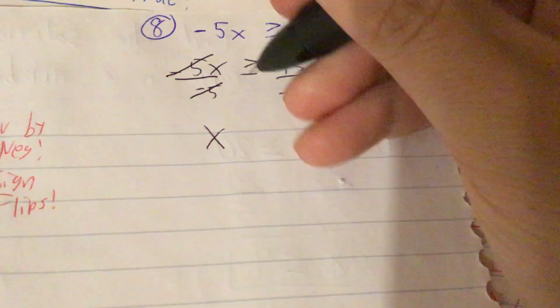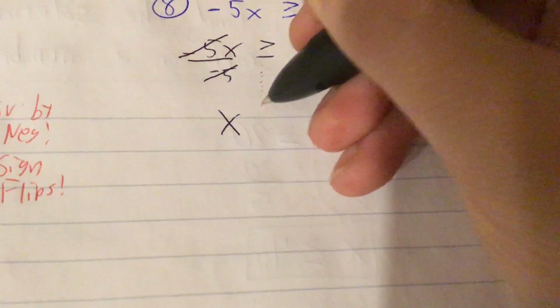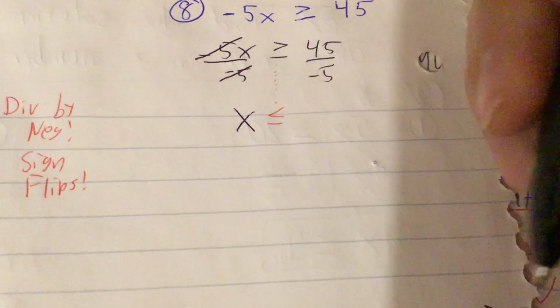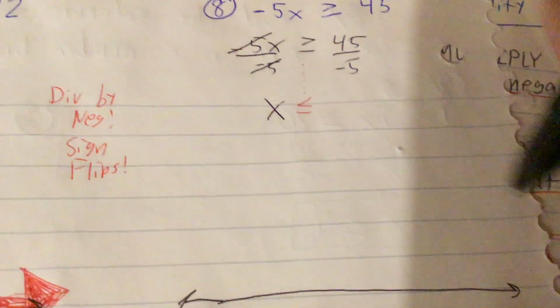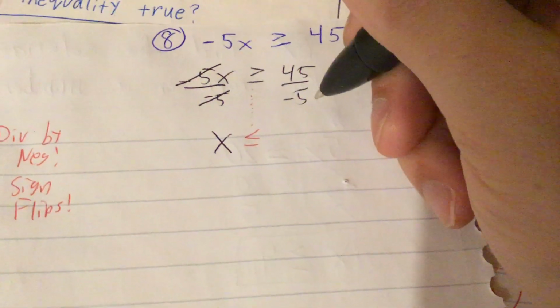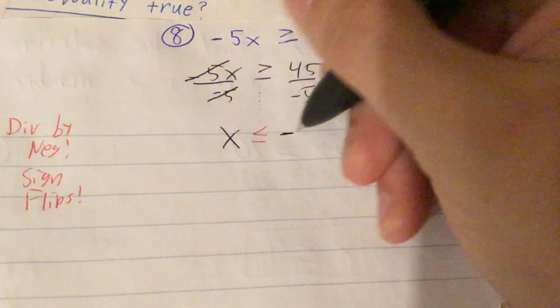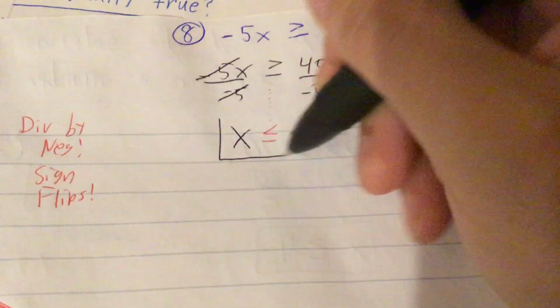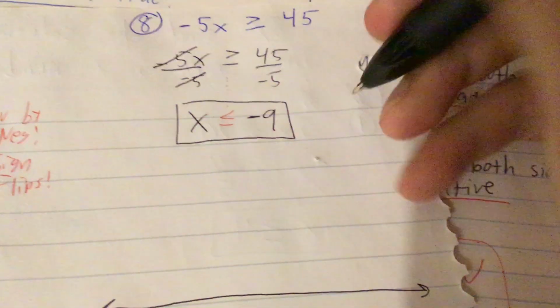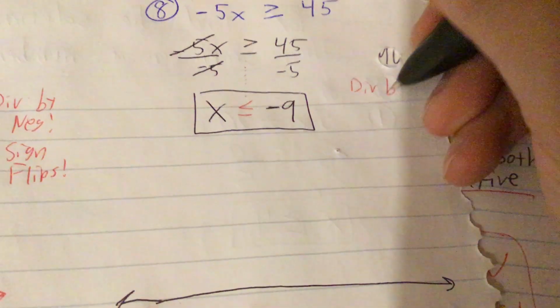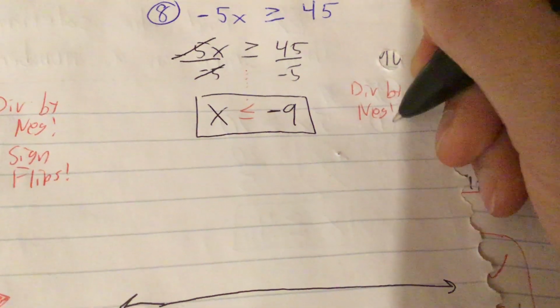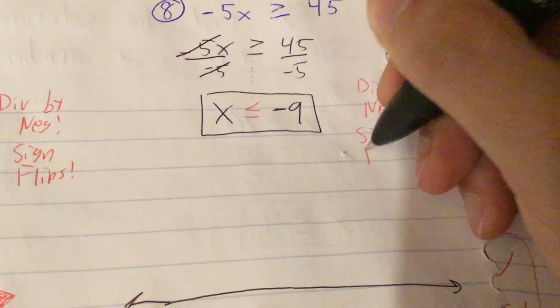So now I've got x, but this inequality symbol needs to become a less than or equal to sign now. There we go. Now we're in business. 45 divided by negative 5, that becomes negative 9. And I'm very, very happy because this divide by negative means the sign has to flip.